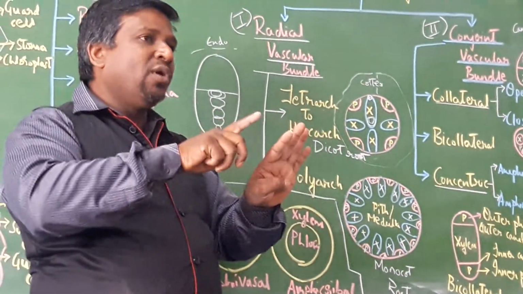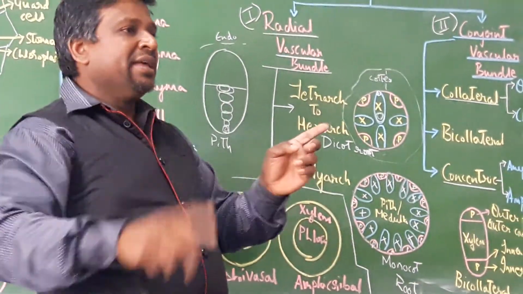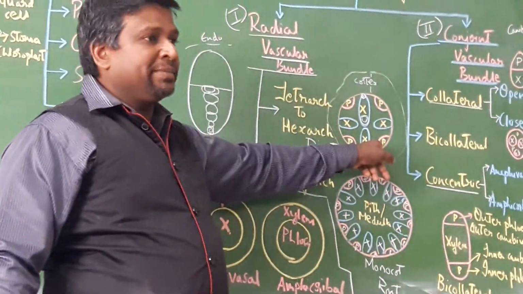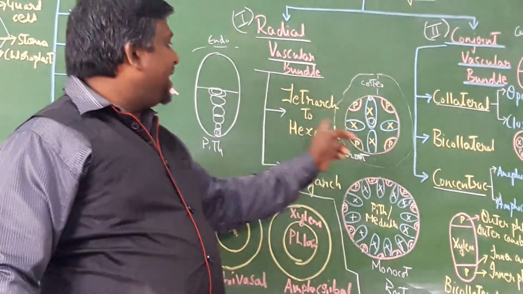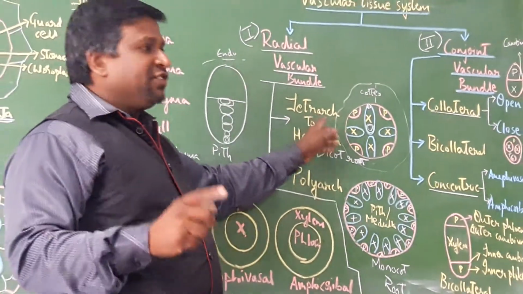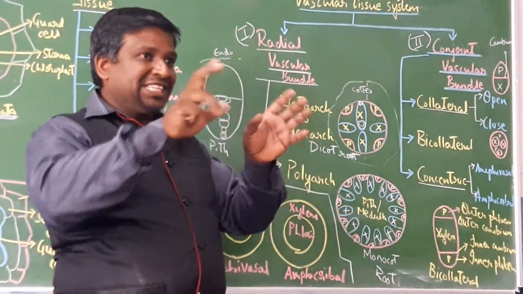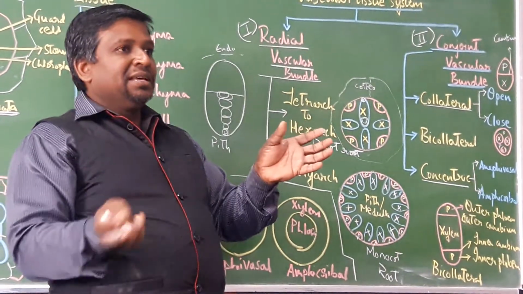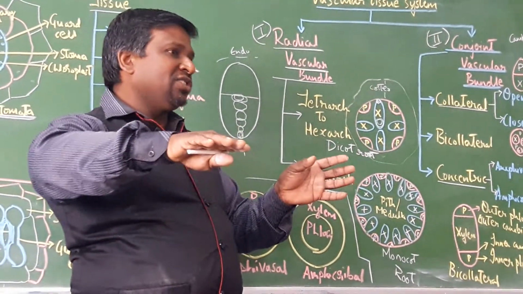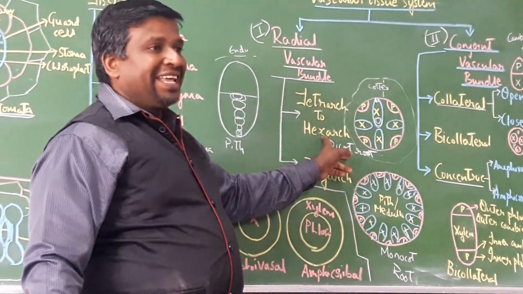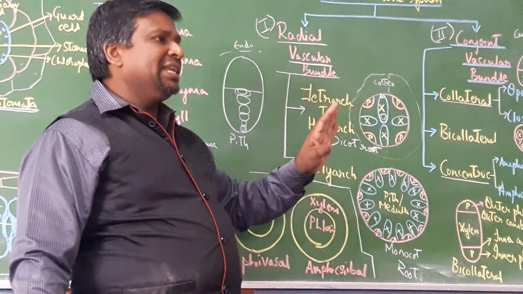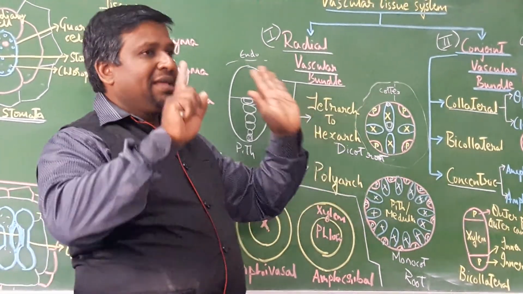So xylem and phloem are present in separate radii, four times. If four times, it is tetrarch. If xylem and phloem are present six times, you find xylem patches alternating with six patches of phloem, we call it hexarch. In dicot root there may be four or six.